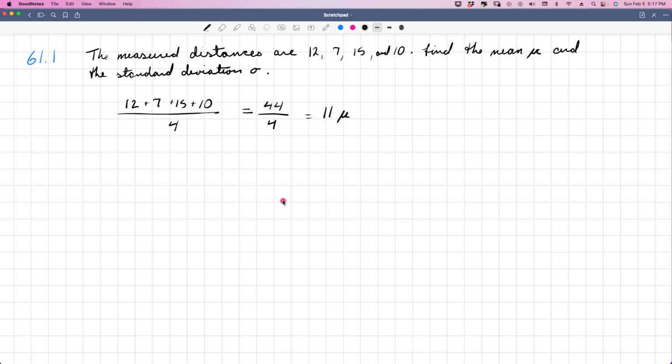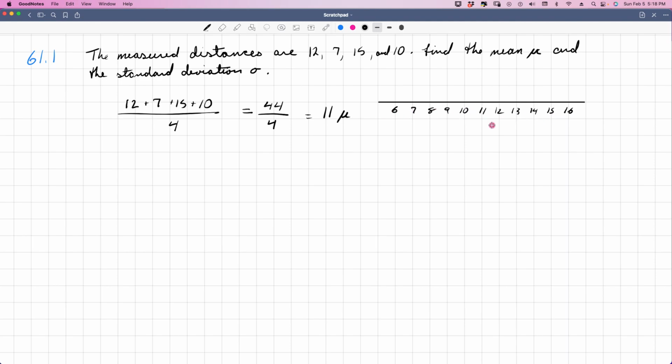So now we can find the deviation from our mean that will give us our variance. So on the number line, just make a little quick number line over here, and we're going to plot. Let's start at 6, 7, 8, 9, 10, 11, 12, 13, 14, 15, 16.